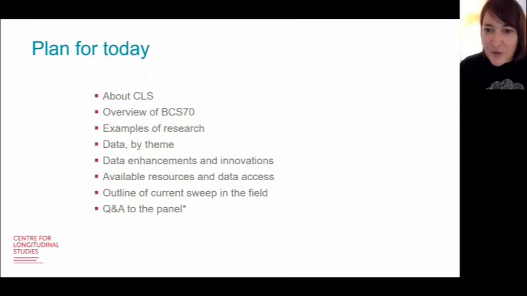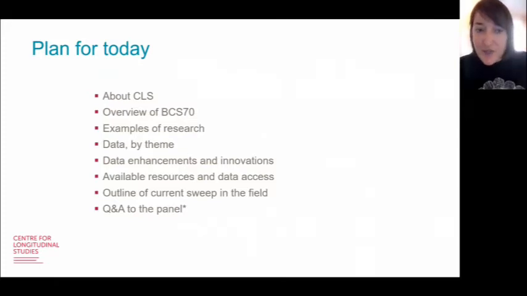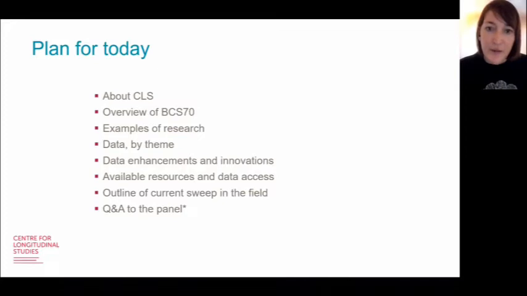Let's talk through the plan for today. The first section is about CLS, just a quick overview of the resources that we house and the other opportunities for data use with our cohort studies. Then Vanessa will take you through an overview of the BCS 70, including some examples of previous published research using this resource.